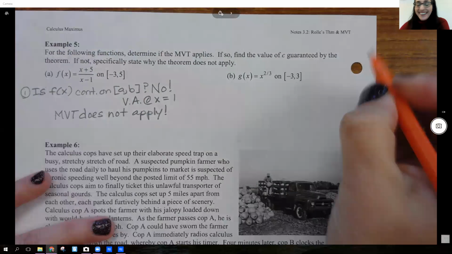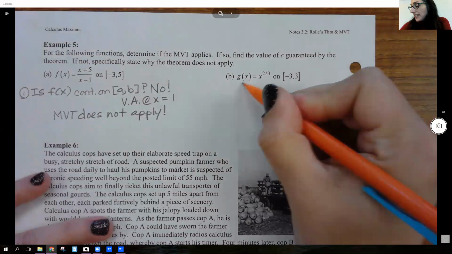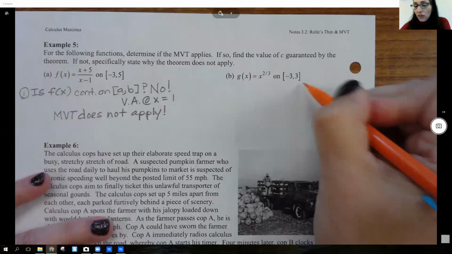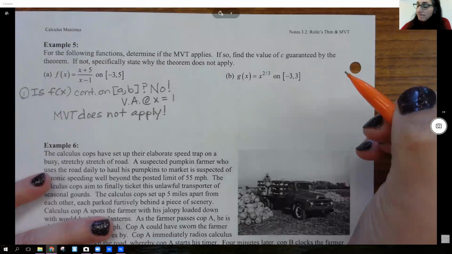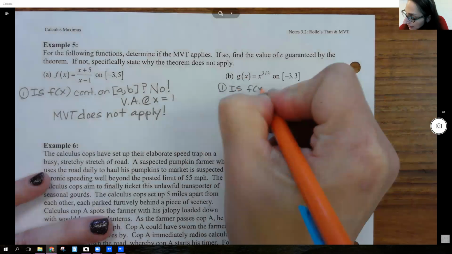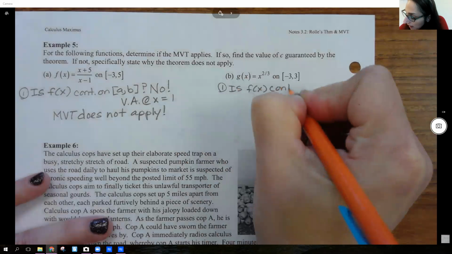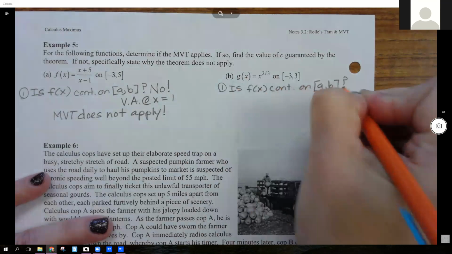Next. So how about this one? You have g of x equals x to the 2/3, on the interval from -3 to 3. So first question, is g of x continuous on the closed interval? Yes. There it is.